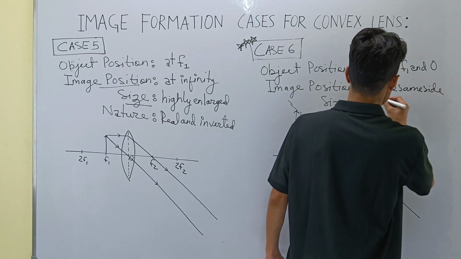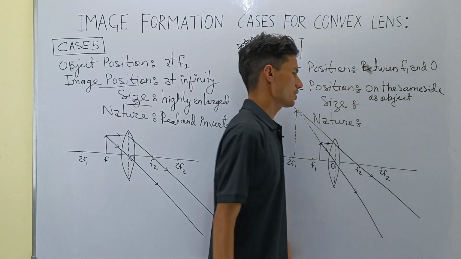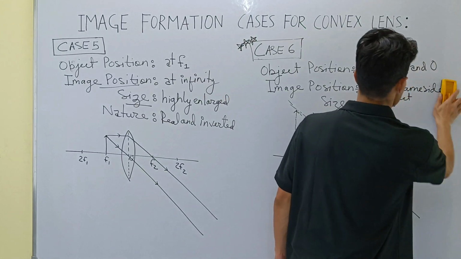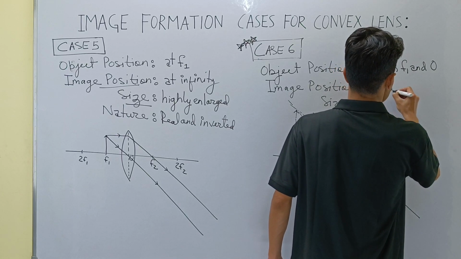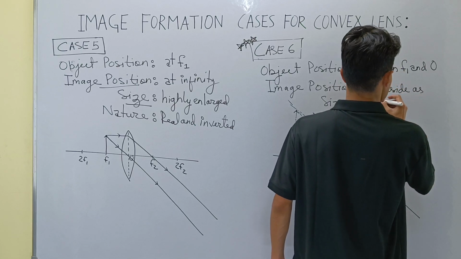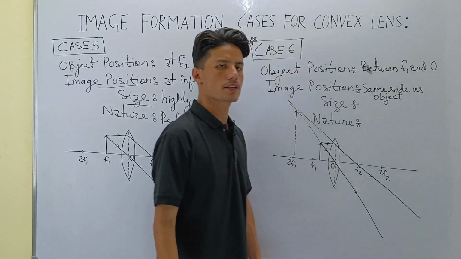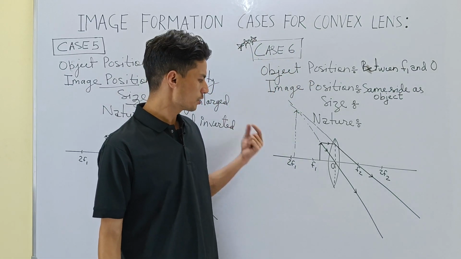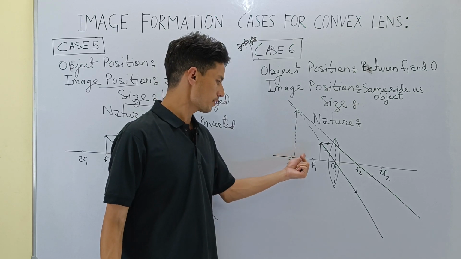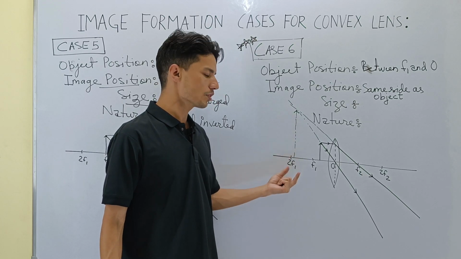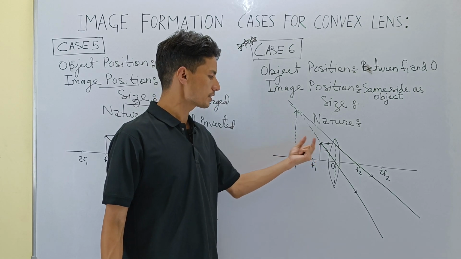The image is formed on the same side as the object. You don't need to know where it is. In some figures the image may even be formed here, so no need to worry. They don't ask you exactly at what point, they just want to know on which side it is formed. So just say on the same side as object.